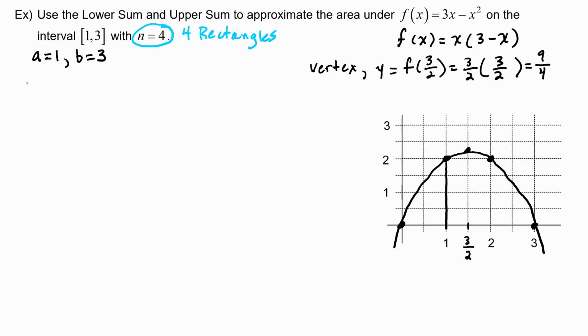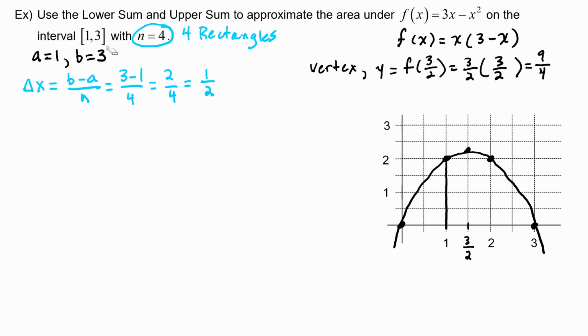And we know that delta x is equal to b minus a over n. So that's going to be 3 minus 1 over 4, which is 2 over 4, which is 1/2. So that is the width of each rectangle.